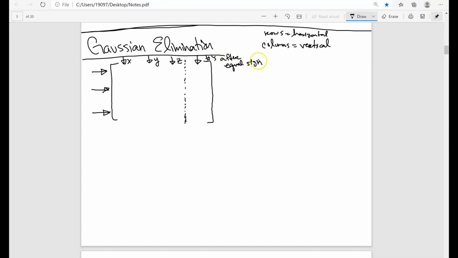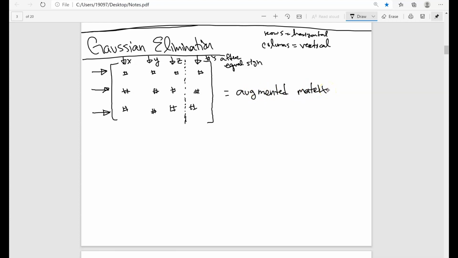So in the end, you're just going to get a whole bunch of numbers in this matrix. We'll formalize the idea of a matrix a little later, but this thing is what we call an augmented matrix.